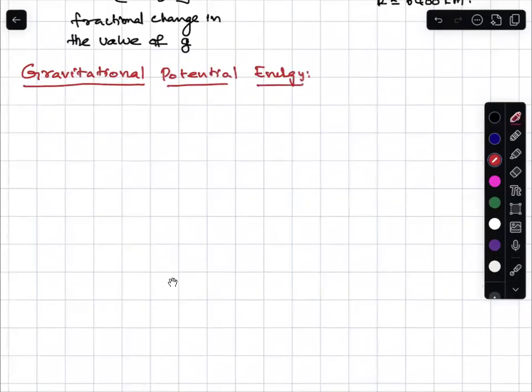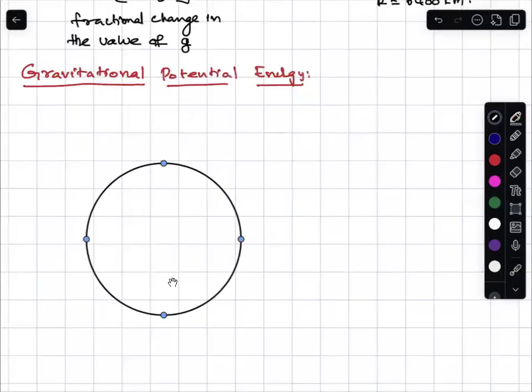That is my next concept. Now, you already studied in electrostatics also. This is the surface. An object on the surface, say at this point, let this be A. And again, this point, let this be B.